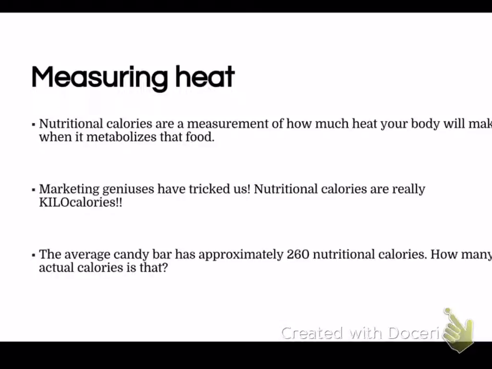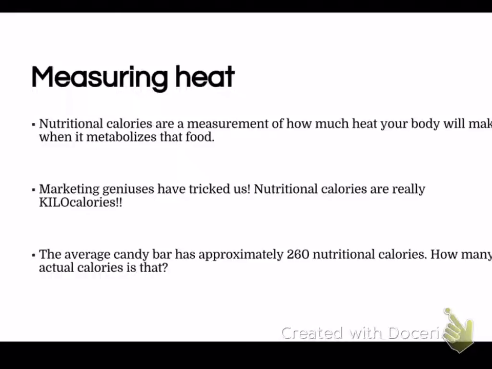Okay, so when we look at a package of food, it'll have nutritional calories listed on there. And so, for example, I just borrowed this little package of goldfish crackers from my coworker's desk.